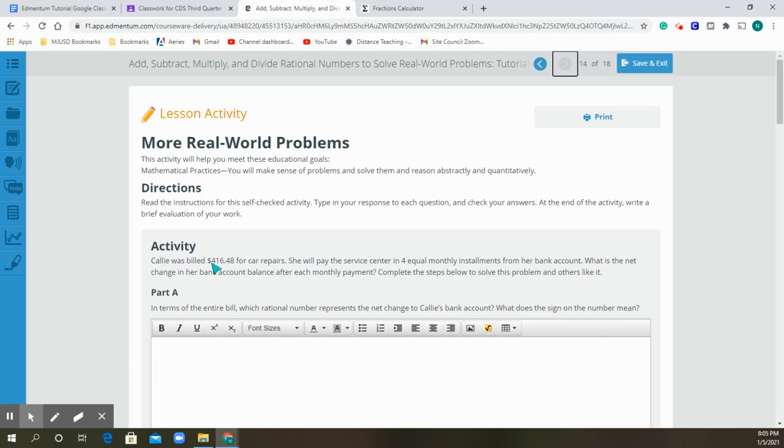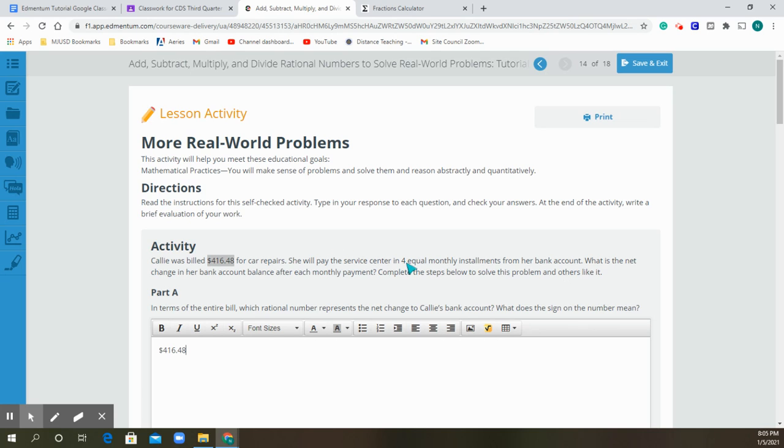All right, so $416.48. And then it's going to be, because it says, that's the rational number that represents the net change, that's how much is going to total come out.